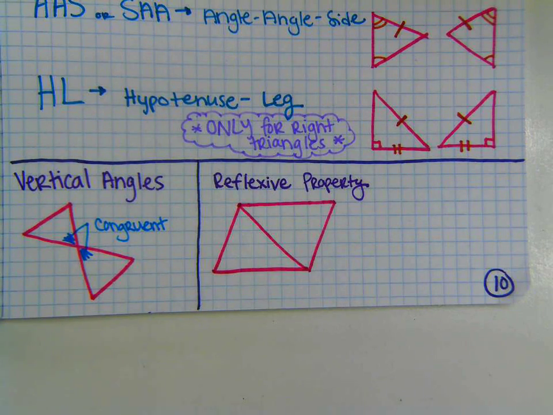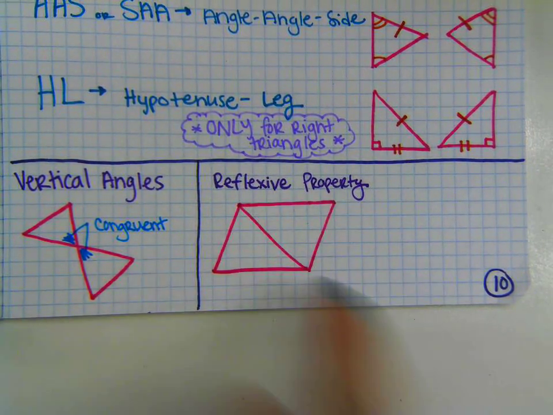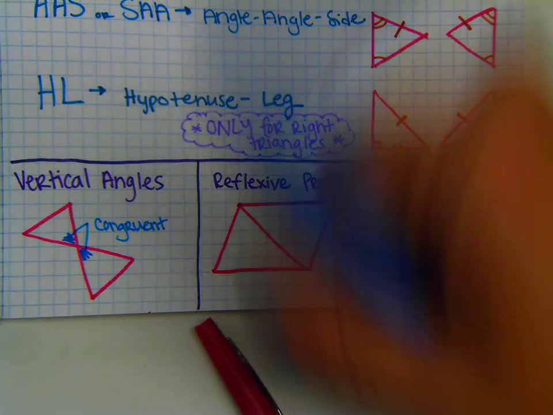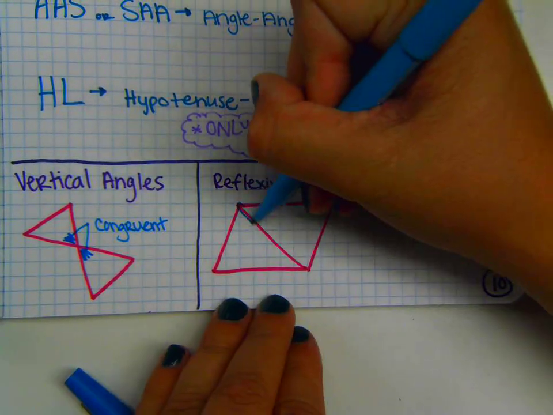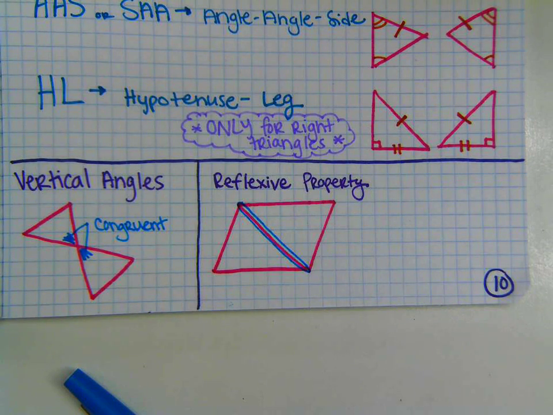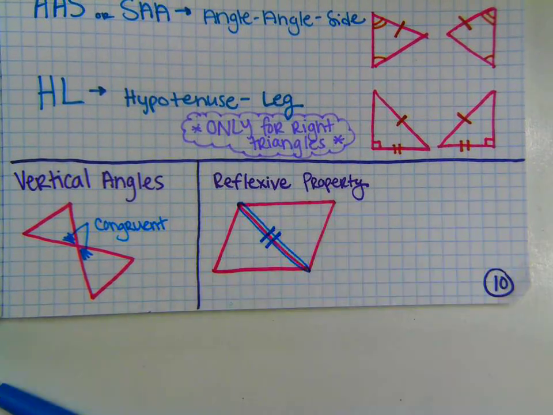Here, again, we have two triangles. We have this first triangle, and then we have this second triangle. Okay? We use reflexive property to prove that this side is congruent to itself. That's what reflexive property says. We have to know that to say that that is congruent to itself.